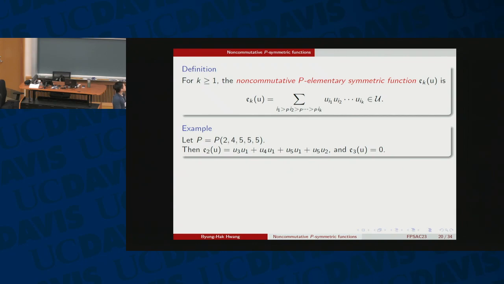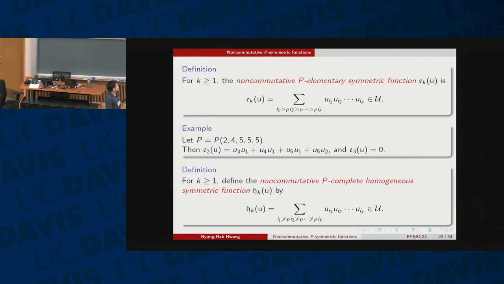For example, for P the poset from 2, 4, 5, 5, 5, e sub 2 is equal to u_31 plus u_41 plus u_51 and u_52. There is no chain of rank 3, so e sub 3 is equal to 0.